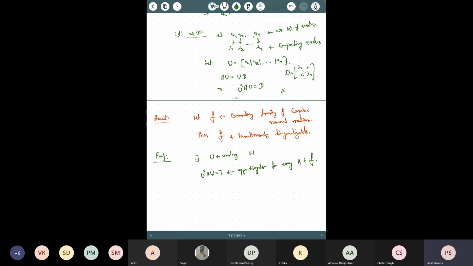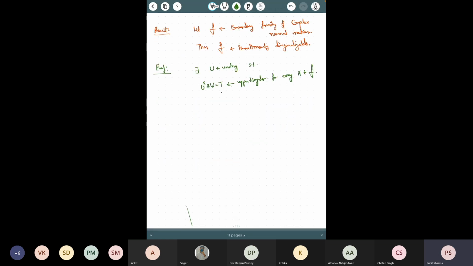You remember what we did in the proof of the spectral theorem? If U star AU is T, an upper triangular matrix, and A is normal, then this implies that T is normal. So for every such A, this T would be normal. But T normal means T star T is equal to T T star.